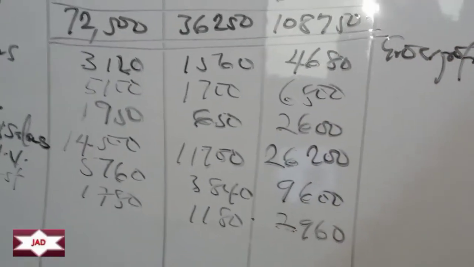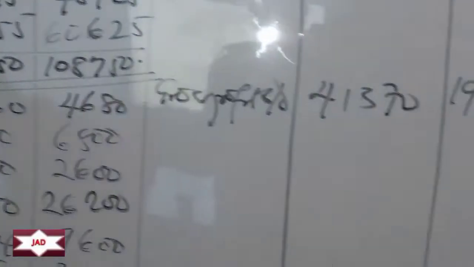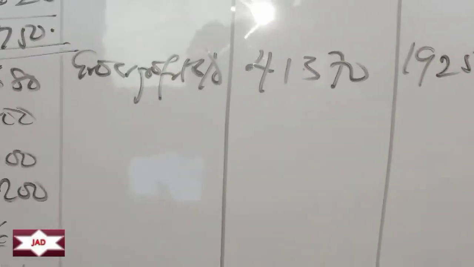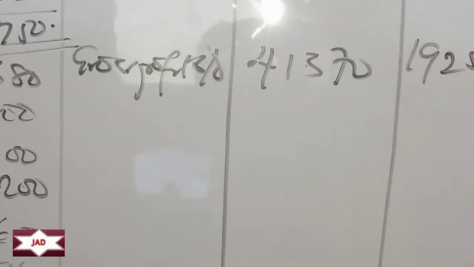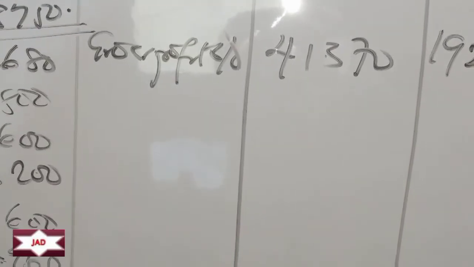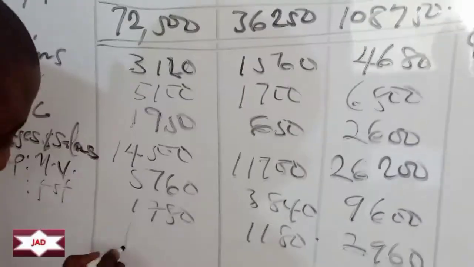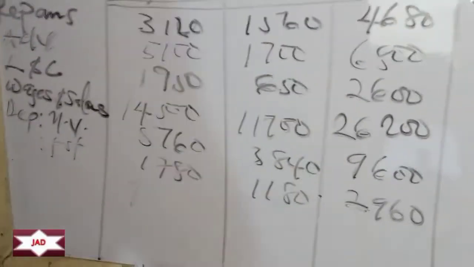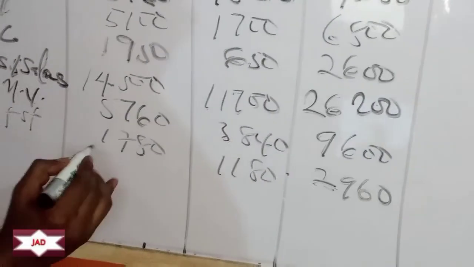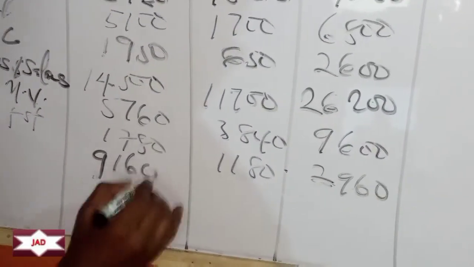So that's 32,210. So 41,370 minus 32,210. So we have 9,160. What do you have now? 9,160. That's your net profit.